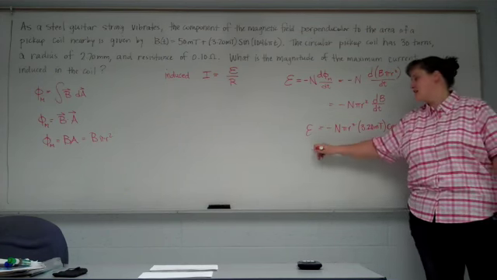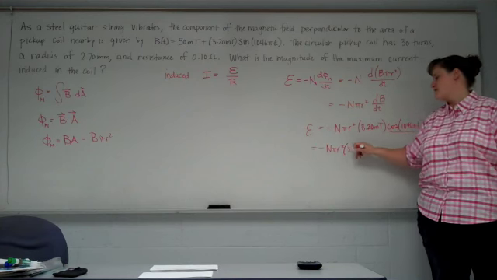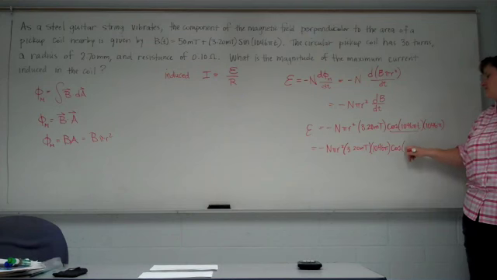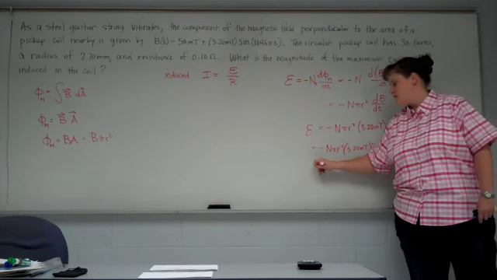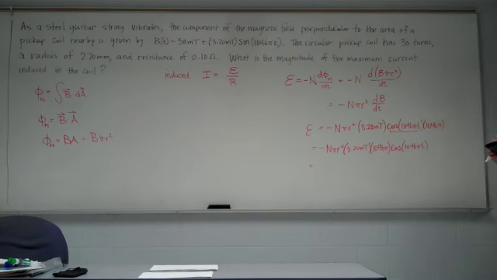The equation that describes it is this. We know the number of turns is 30, times pi times r, radius, squared.